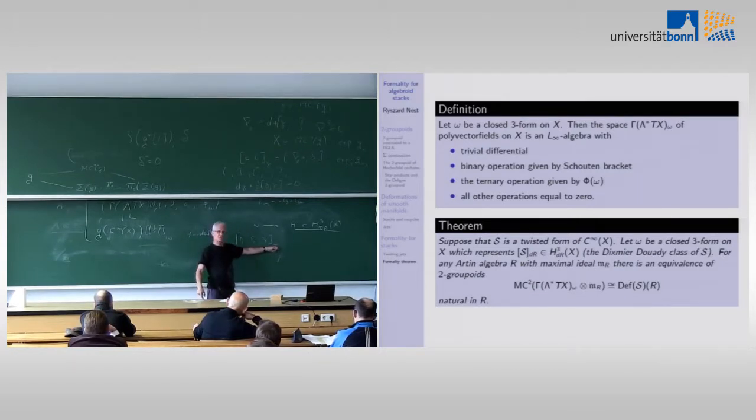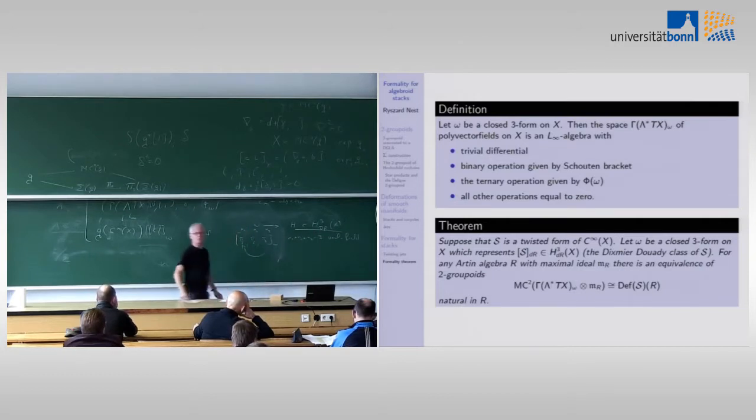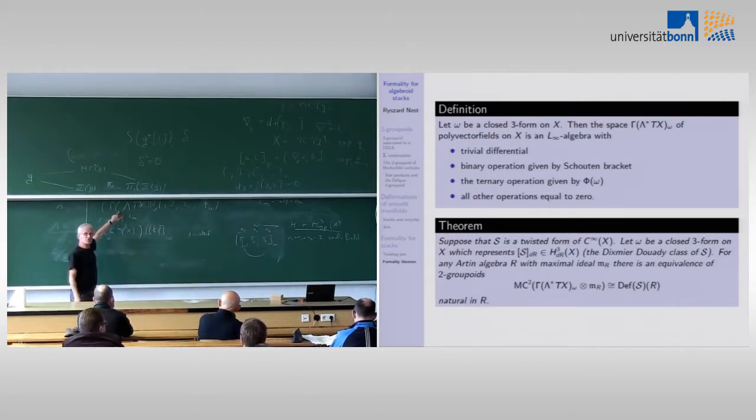You take each one of these differentials and you contract with one of these vector fields. So this is something from n1, n2, n3 vector fields. The result is n1 plus n2 plus n3 minus 3 vector fields. So this ternary bracket gives an L-infinity algebra structure here.